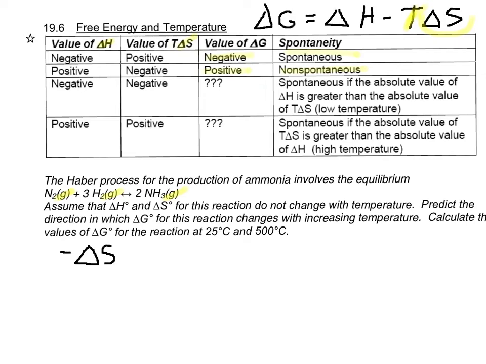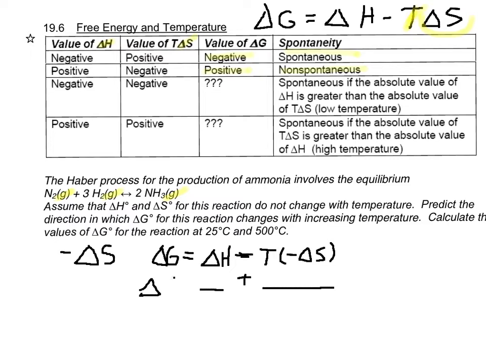So a negative delta S multiplied by this negative T here is going to result in a positive value for T times delta S. And so that means that we're adding delta H to this value that we get here. And so our delta G is going to start to increase.